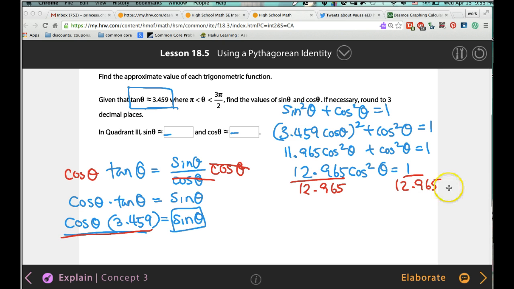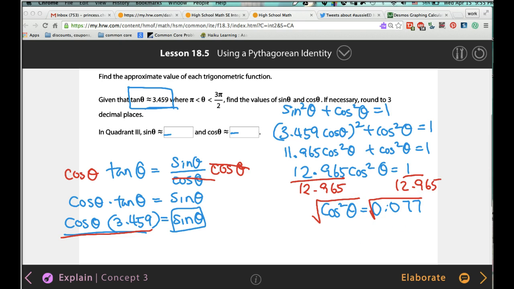And so that's going to give you cosine squared theta equals, and then let me go ahead and use my handy dandy calculator. And that gives me 0.077. But we don't want to know what the squared is, so let's undo it by finding the square root.